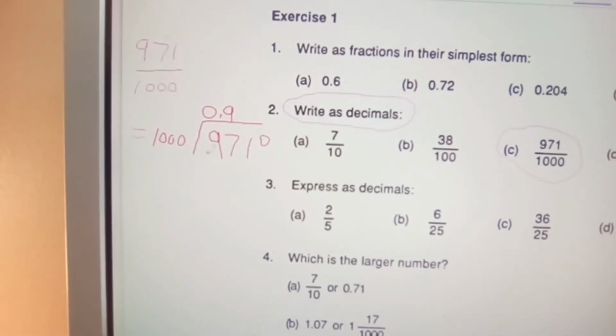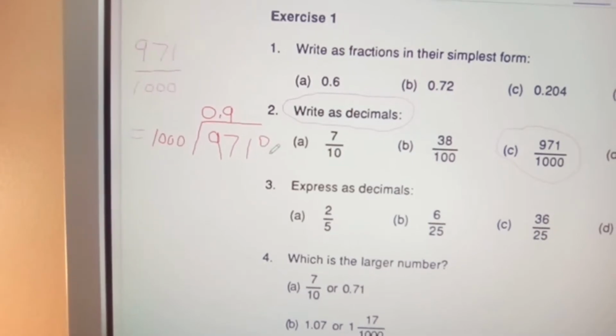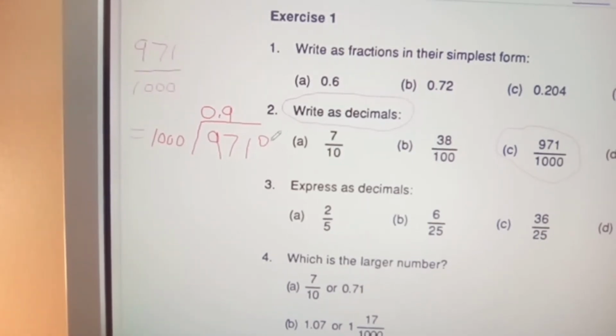1,000 into 710 cannot go, so we have to add another 0. That gives us 7,100. Now 1,000 into 7,100 goes how many times? 7 times.